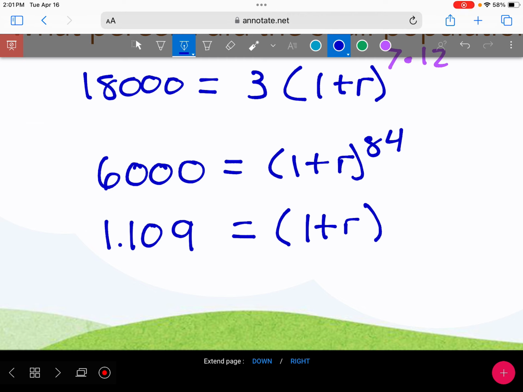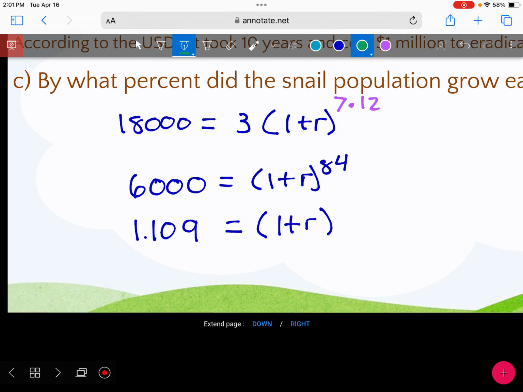So what is our growth rate? What is the rate? 0.109. So what is that as a percent? 11%. Yeah, you round it 11% or 10.9%.